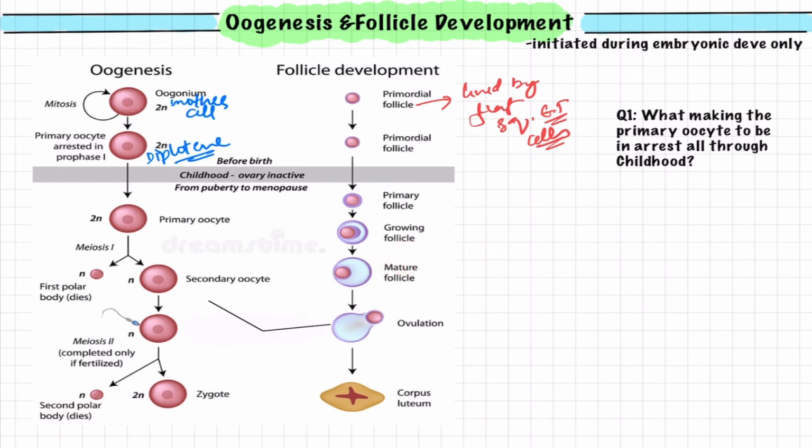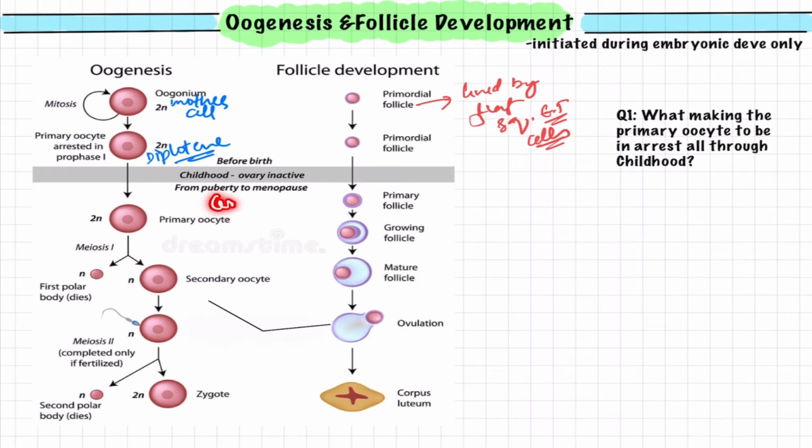All these follicles contain oocytes, might be primary or secondary oocytes, so don't get confused here. The primary oocyte gets converted into the secondary oocyte at the onset of puberty. What is happening at the onset of puberty?